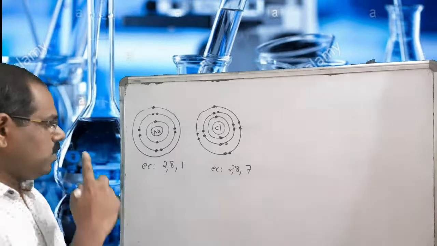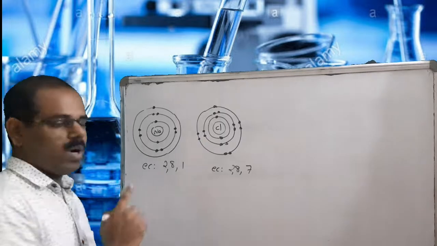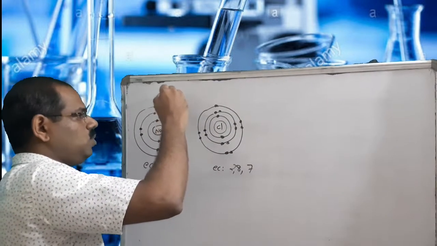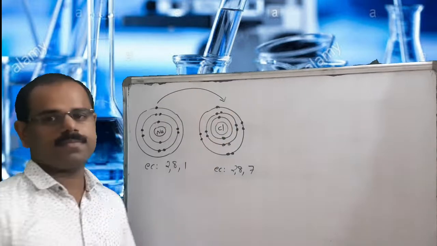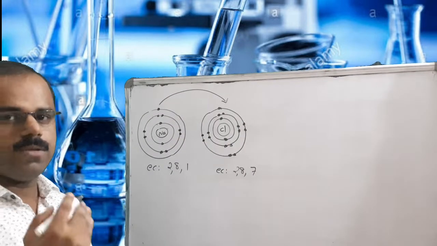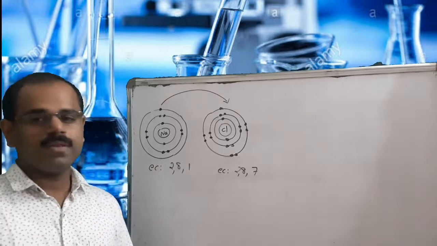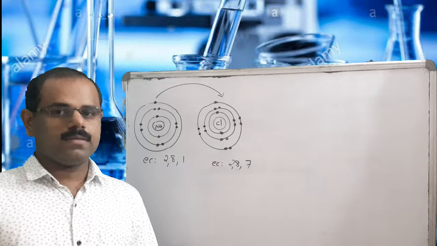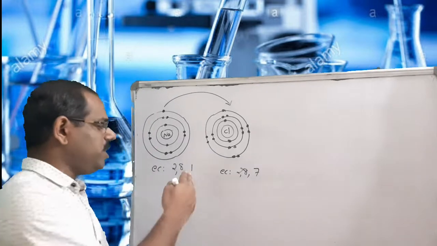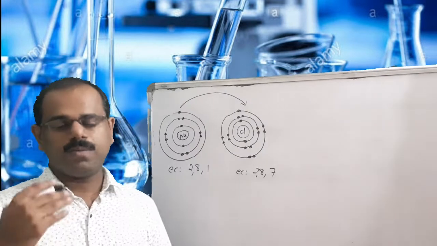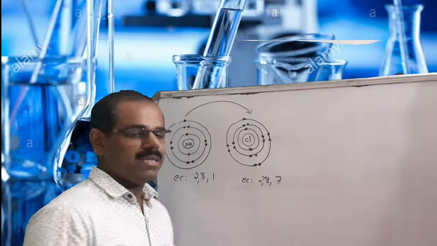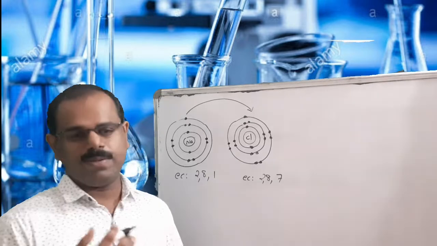Okay. So since there is only one electron in the outer shell, that one electron sodium loses to the chlorine. Sodium loses its one electron in the M shell to the chlorine. As I have already told you, sodium loses its one electron from its outer shell, and the same way chlorine gains that electron to its outer shell.